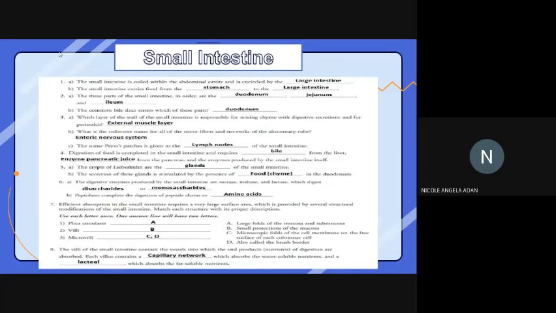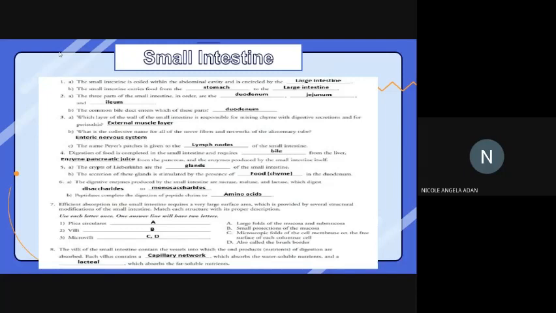Number 4. Digestion of food is completed in the small intestine and requires bile from the liver, pancreatic juice from the pancreas, and enzymes produced by the small intestine itself.